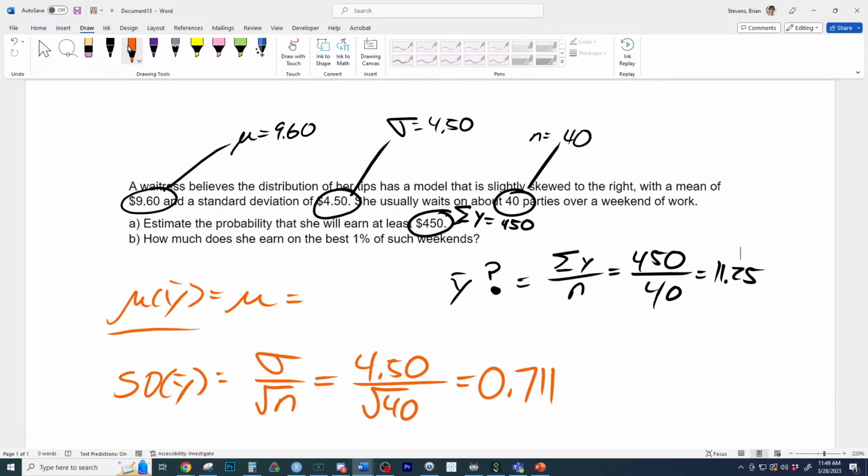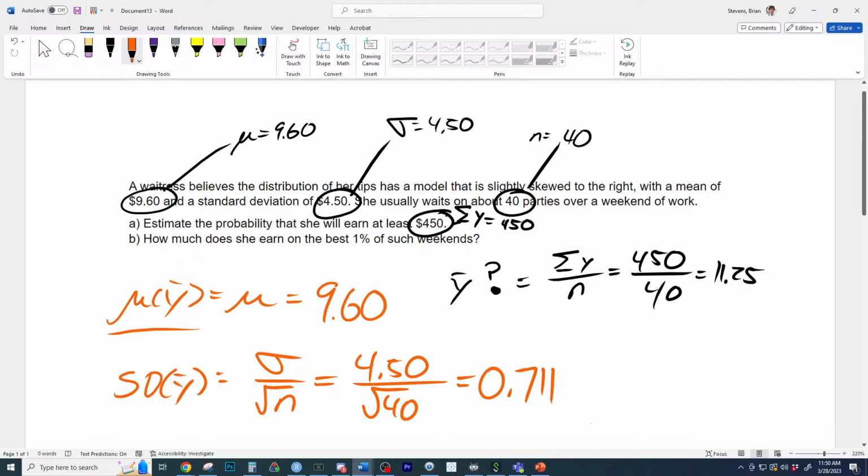How much would she expect to make on average? Yep. She'd expect her average tip to be $9.60. That's what she expects her average tip to be.